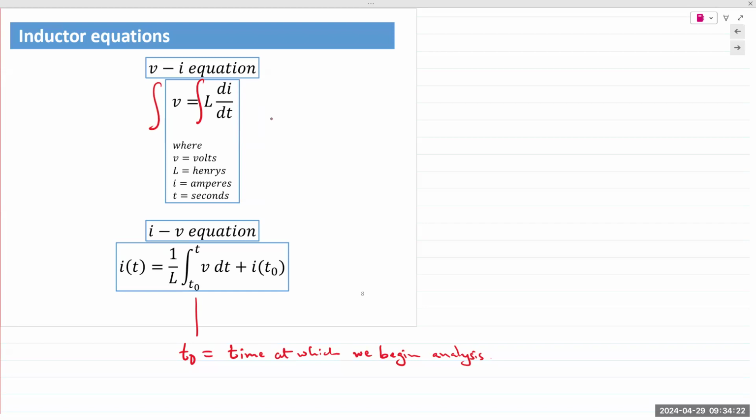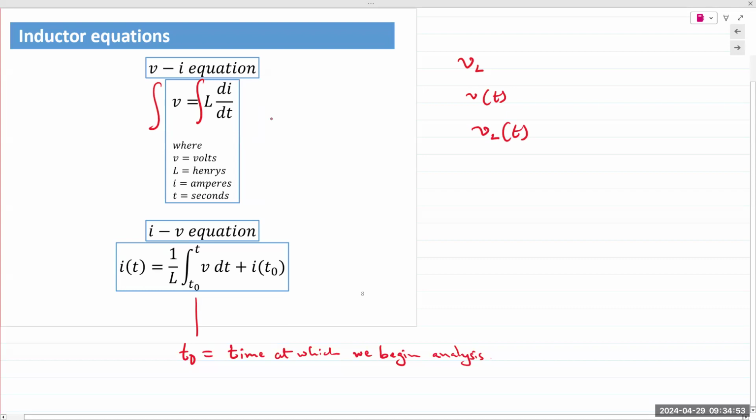Quick word about notations. Here V is simply noted as V. We know we are talking about an inductor, so we don't have to have a subscript notation. Sometimes you will see a subscript notation as VL. Sometimes you might also see V of t, meaning voltage as a function of time. You might also see VL of t, which simply indicates the inductor voltage as a function of time.